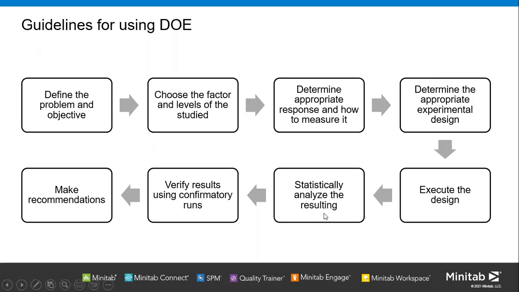And then you can proceed with the statistical analysis like ANOVA, like regression, and then maybe visualize using the factorial plot, a cube plot, and so on. So you have to confirm the result, and then you will use it to make a recommendation from your design process.